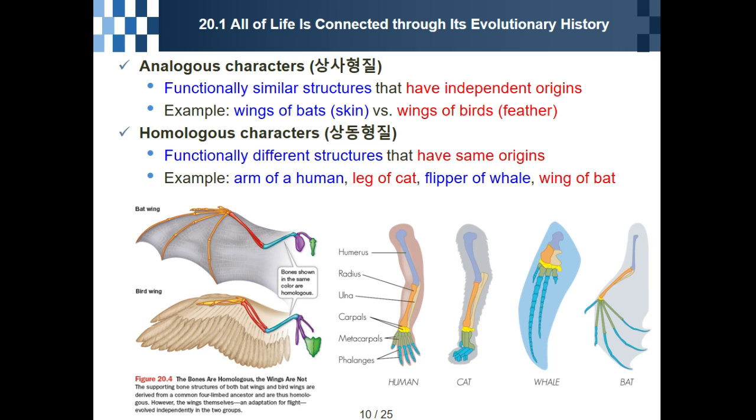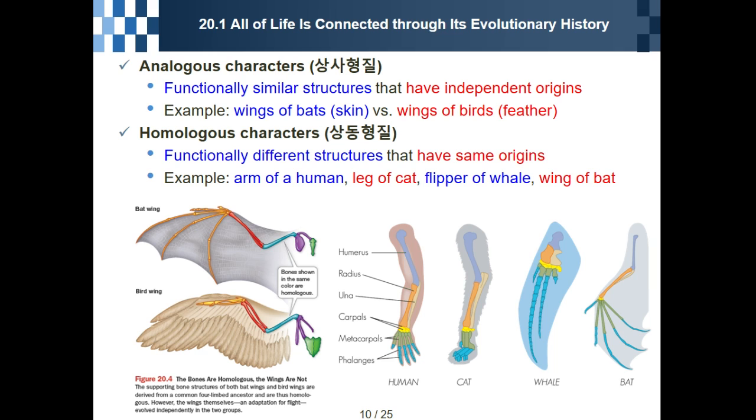And homologous character, in Korean, we call it 상동형질. Okay, so what is an analogous character? They are functionally similar structures. They are wings, but they have independent origins. For example, the bat wing comes from skin, and the wing of birds comes from feathers.